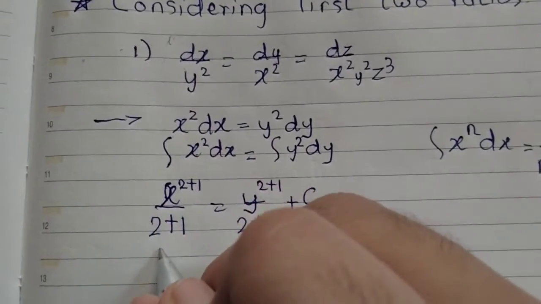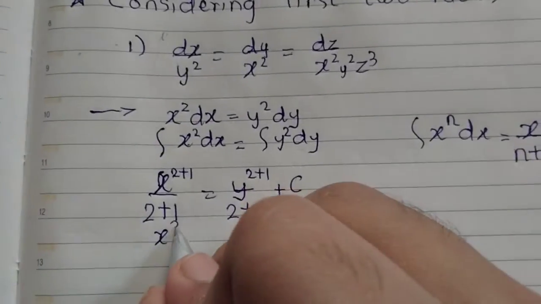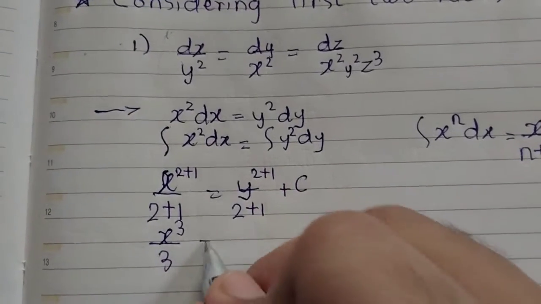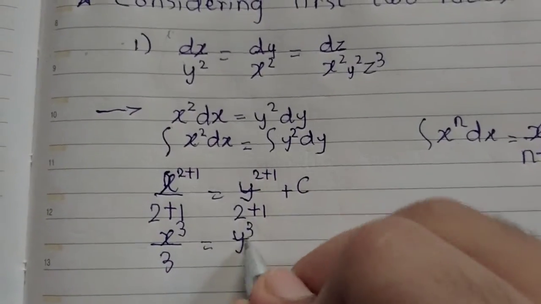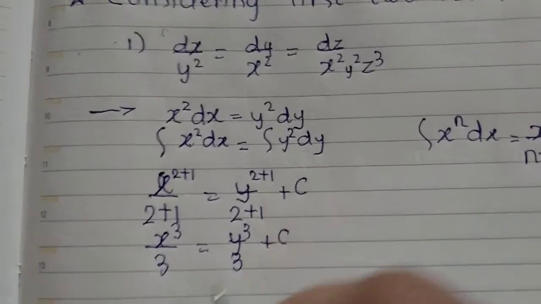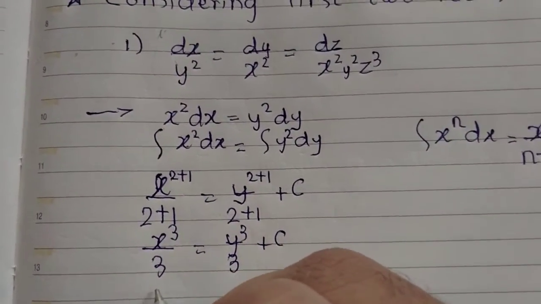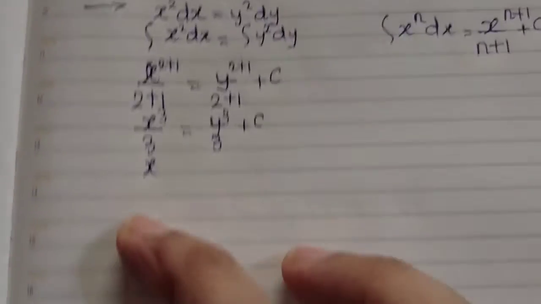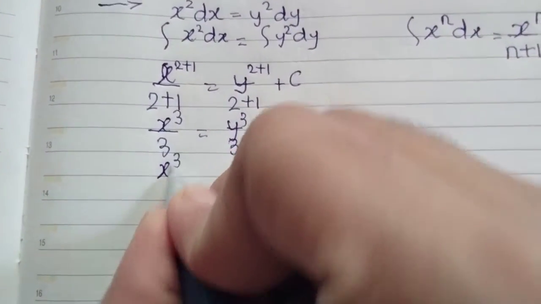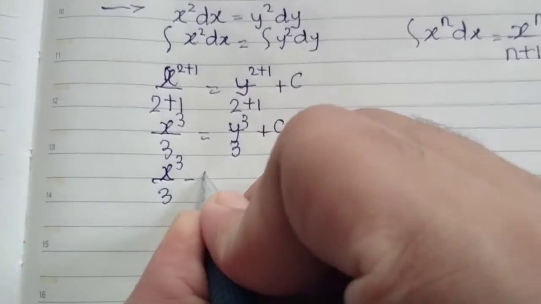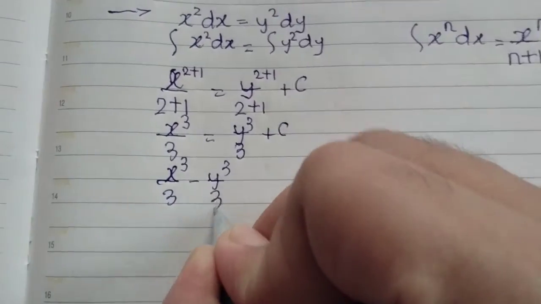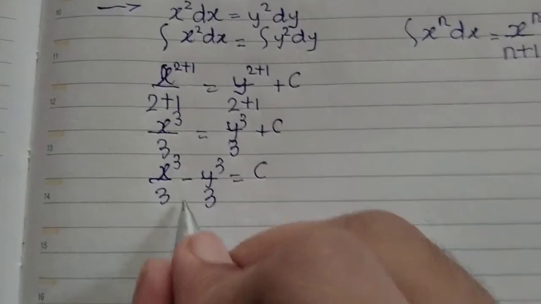Here 2 plus 1 is 3, so it will be x cube upon 3 is equal to y cube upon 3 plus c. Now shifting the y cube by 3 part to the left side of the equation, we will get x cube by 3 minus y cube by 3 is equal to c.